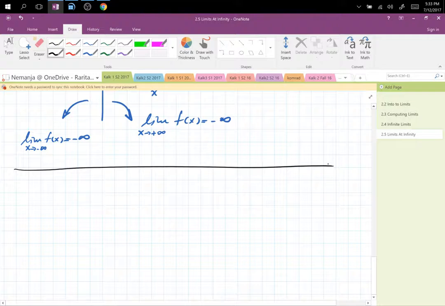So again, when you take the limit as x goes to infinity, you are either going to get a number or an infinity. If you get a number, you have a horizontal asymptote. If you're getting infinity, you are getting the end behavior.